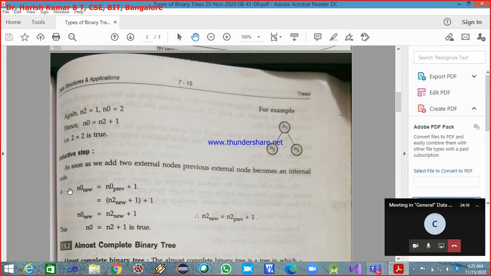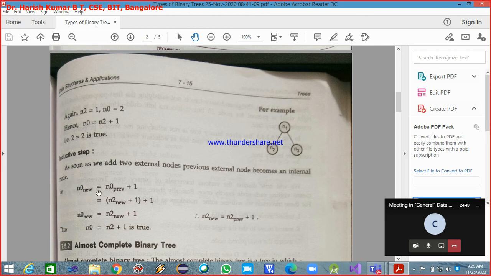Now N0 new, the total number of new external nodes, is equal to N0 previous plus 1. Previously, in this example, before adding these two, this was the only external node. Yes or no? Now N0 previous will give you how much? 1. Hope people are following? Yes, sir. Plus 1.